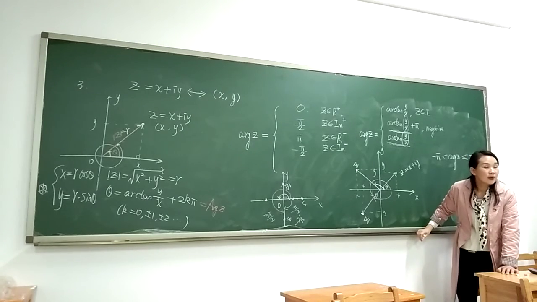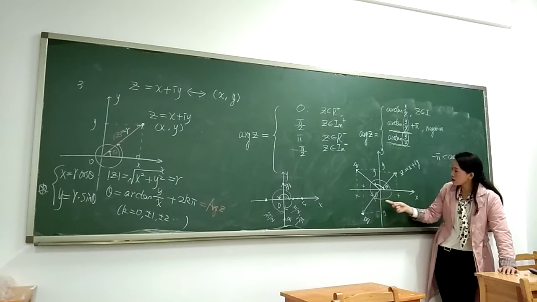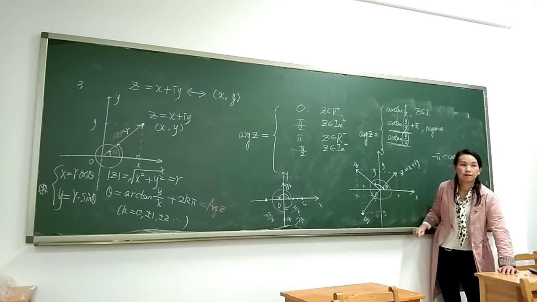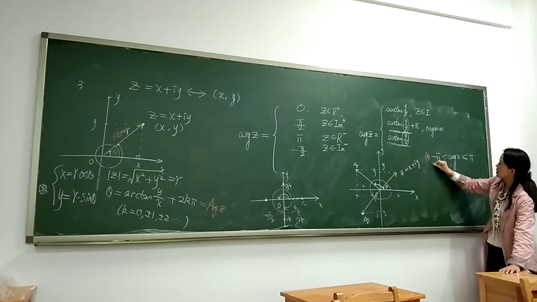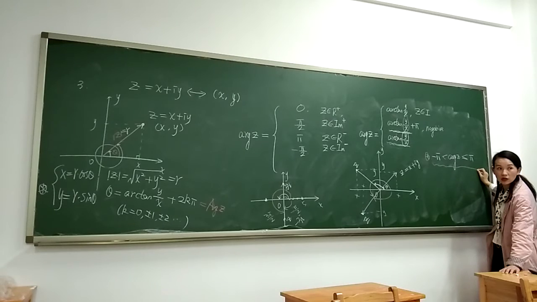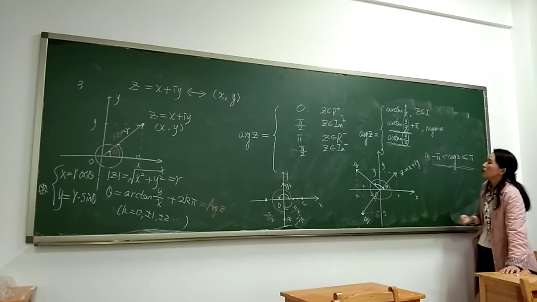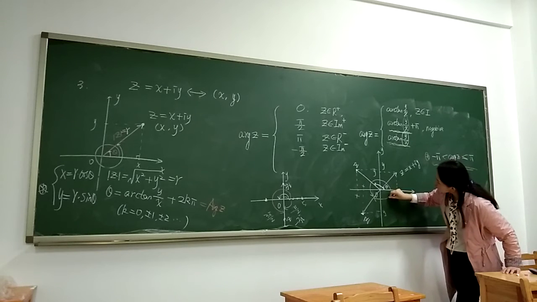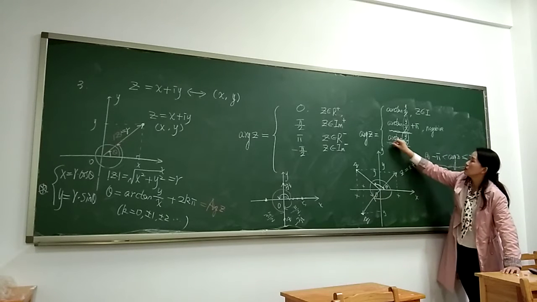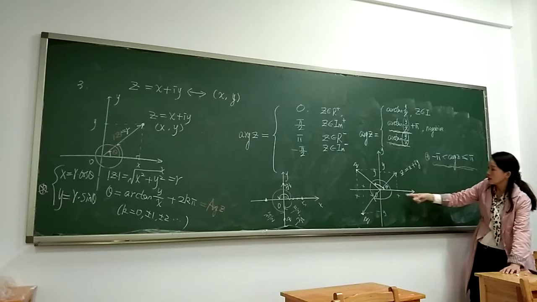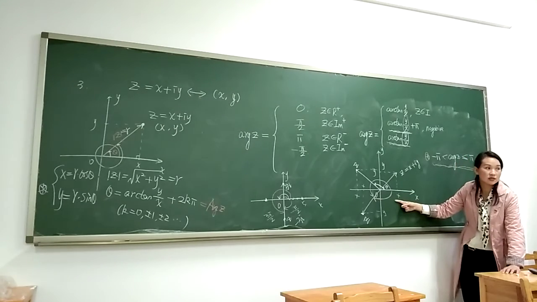Yes or not? Please tell me, do we choose this white one or this red one? Red one, because you must satisfy this condition. If you need to satisfy this condition, you must choose this red one. This red one is a negative angle, not positive.